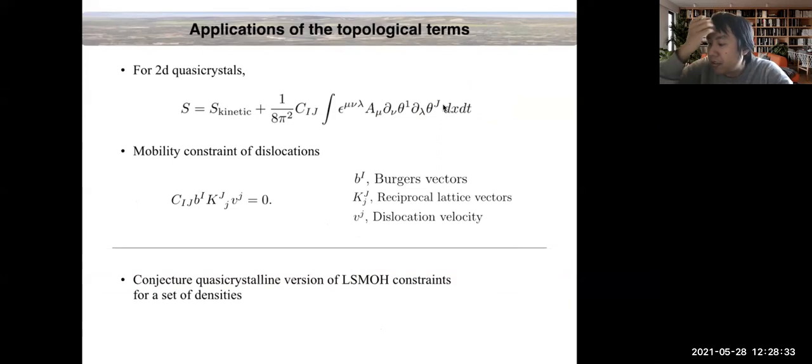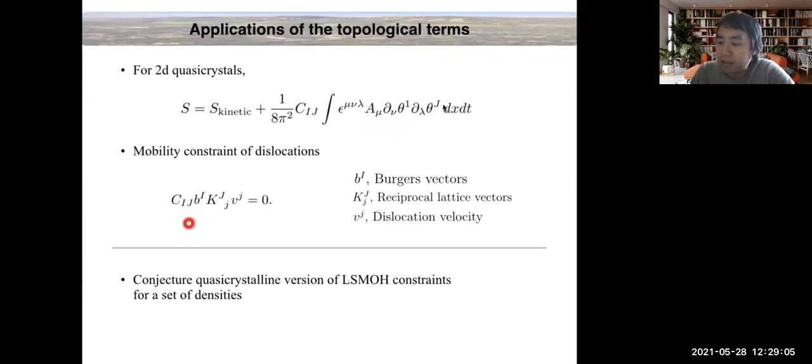In the paper, we also did some applications. For example, for 2D quasicrystals, from these kinds of topological terms you can derive mobility constraints for dislocations, shown in these equations. B is the Burgers vector of the dislocations, K is the reciprocal lattice vector that is related to the properties of the quasicrystal, and V is the dislocation velocity.